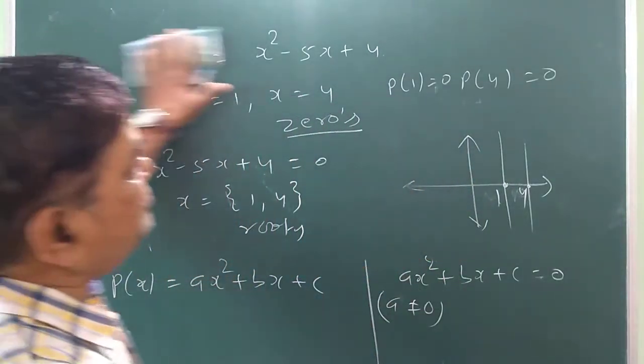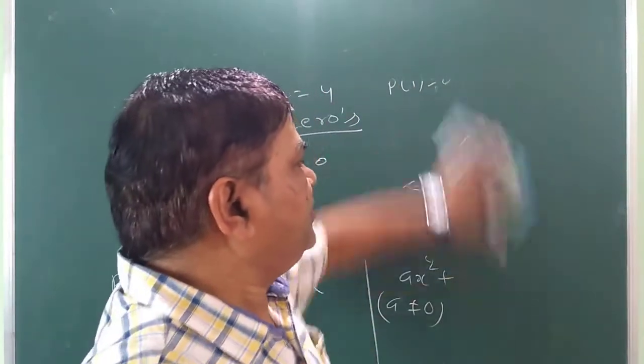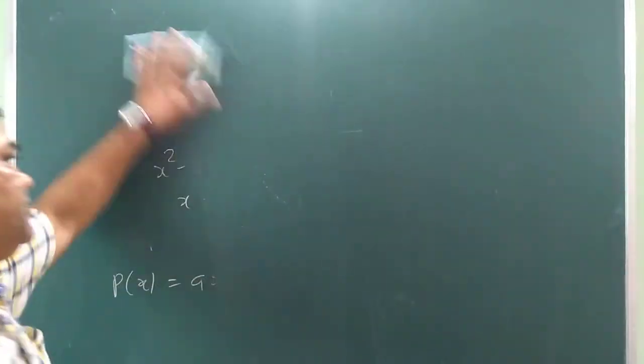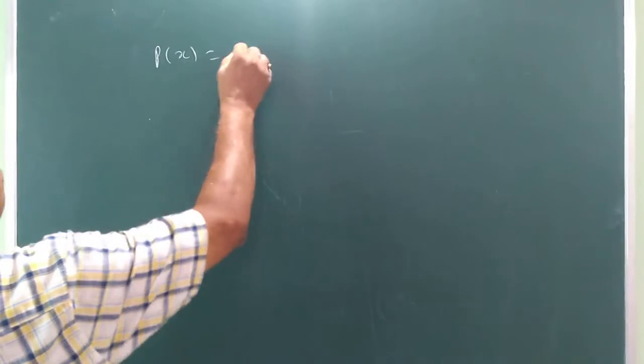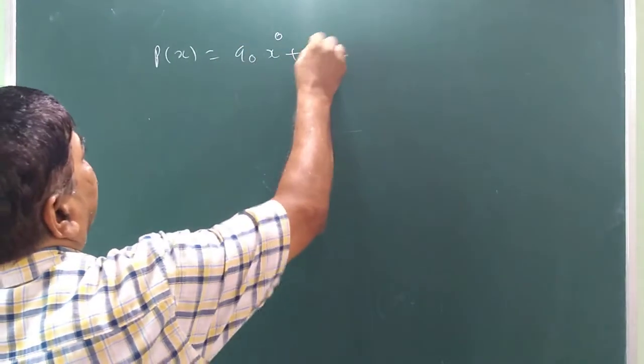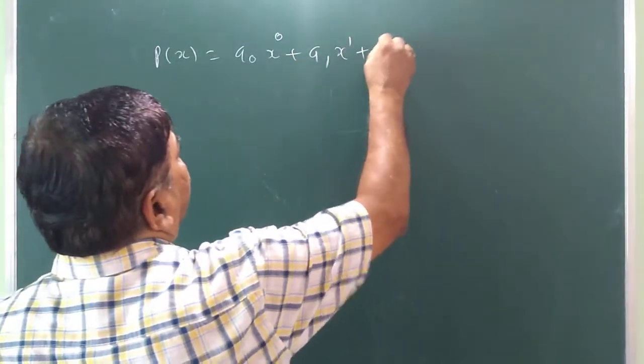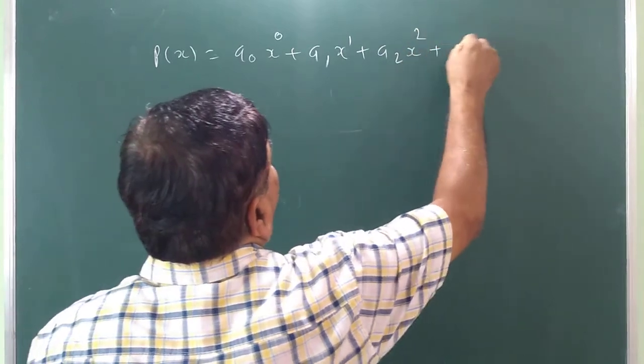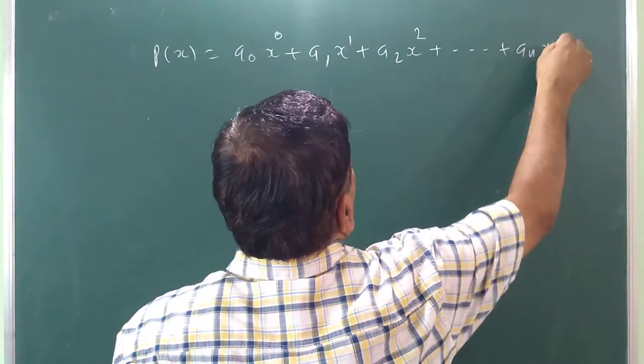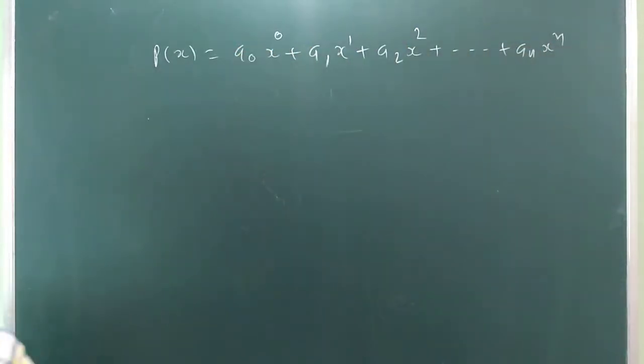Now let us move to another point. Suppose p(x) is equal to a0 x to the power 0, a1 x, a2 x square up to an x to the power n. This is the polynomial.